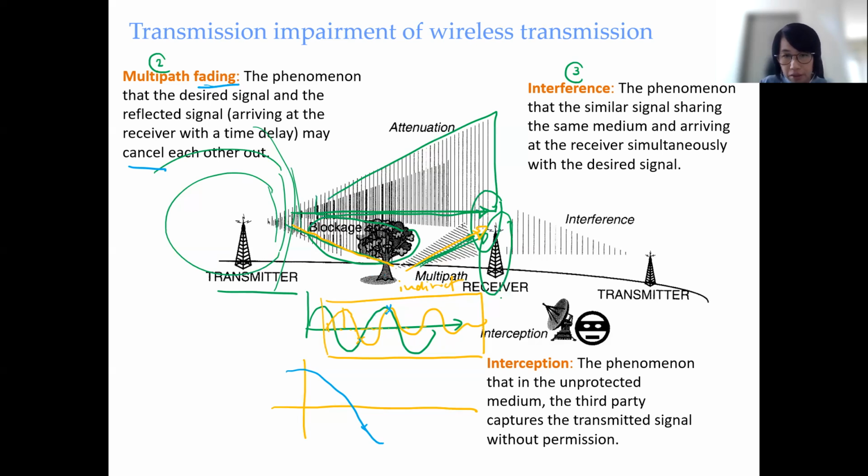And if they sum to each other, it will be a very strong power. So at some instants of time the power may increase a lot, but sometimes the power may be cancelled by each other. So this is a kind of fluctuation.